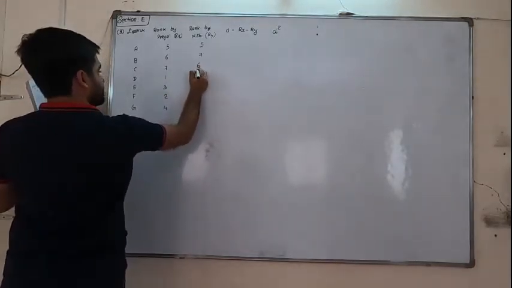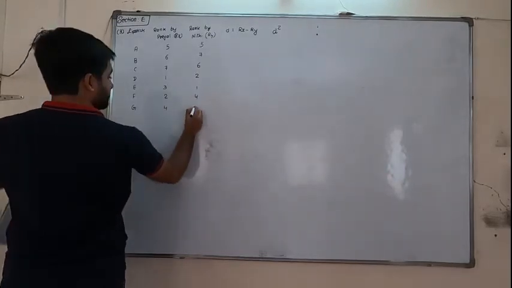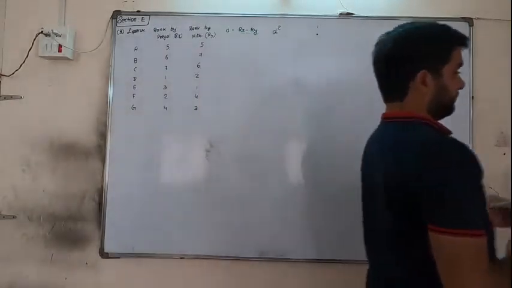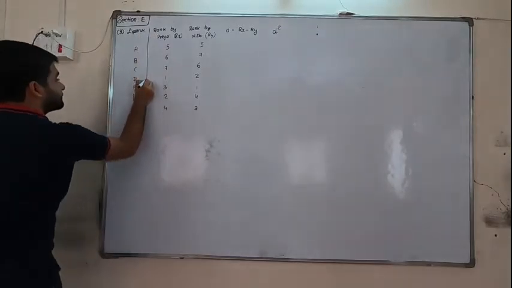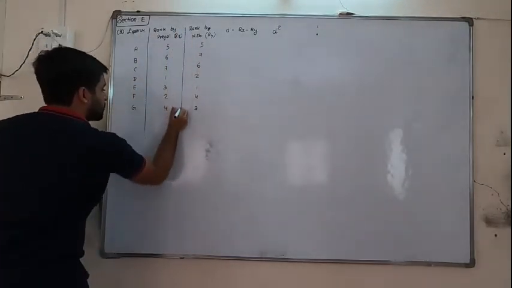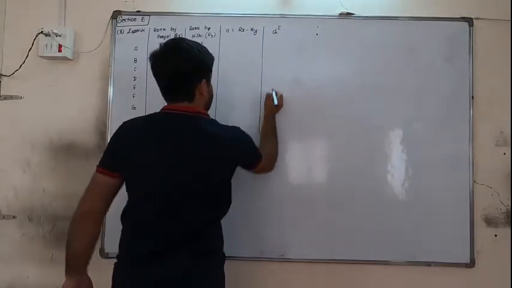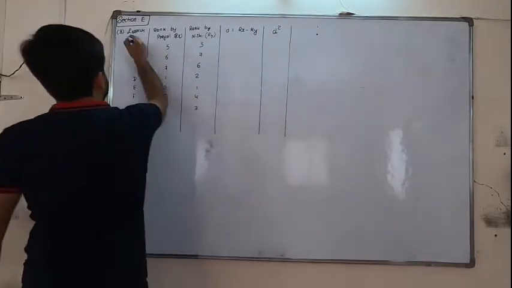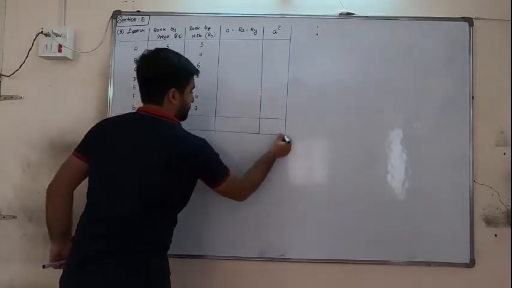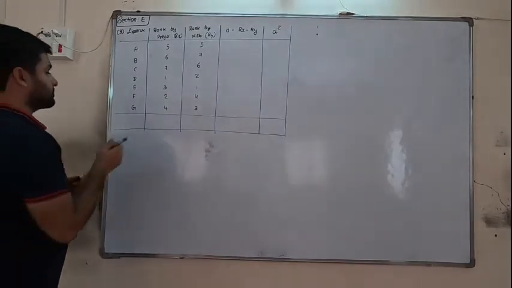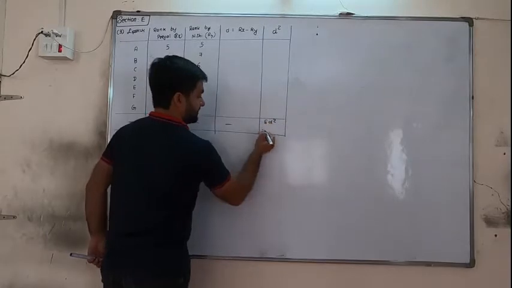Nishi's ranks: 5, 7, 6, 2, 1, 4, 3. So friends, these are the columns. We want sigma d square.